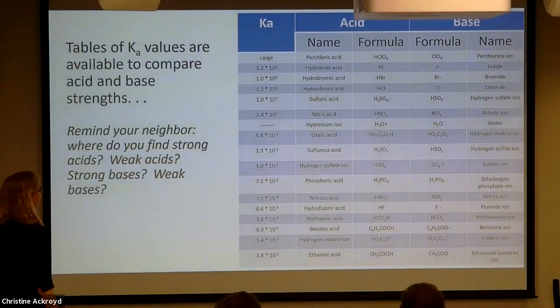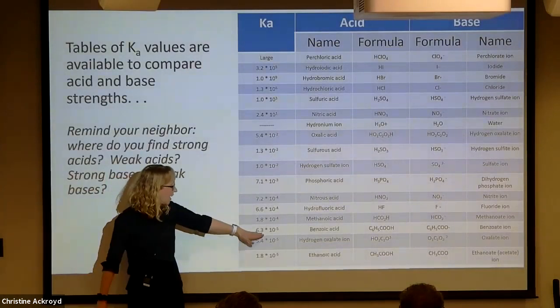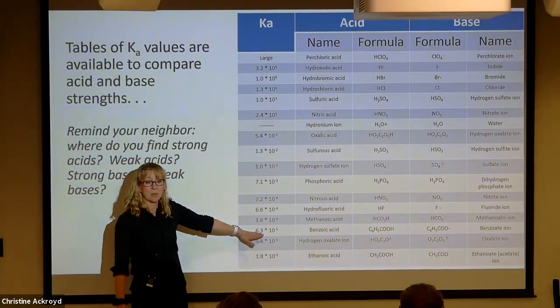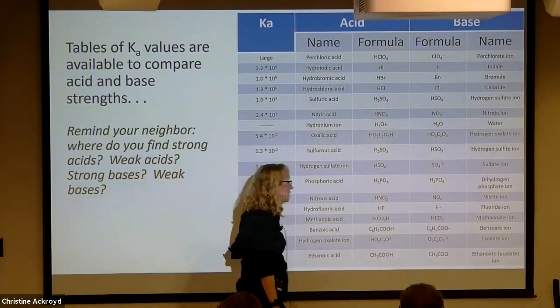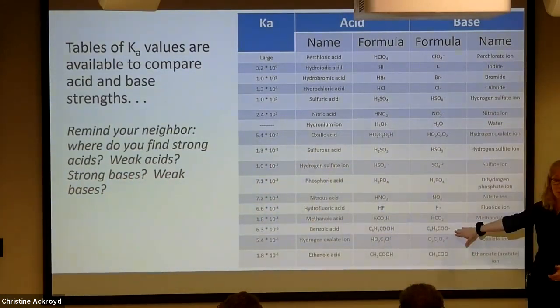So if I go back to the Ka table, if I have the Ka value for benzoic acid, for example, is it an easy task to calculate the Kb value for its conjugate base, benzoate? How would you do it?